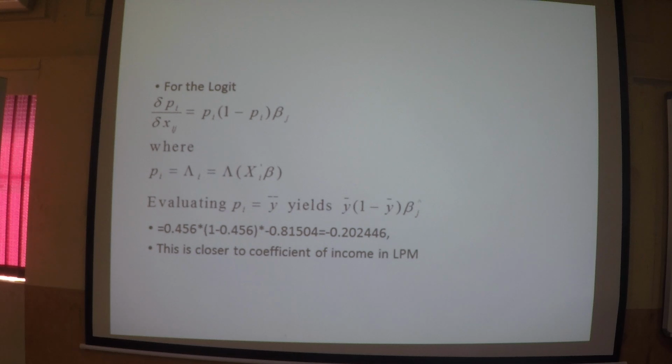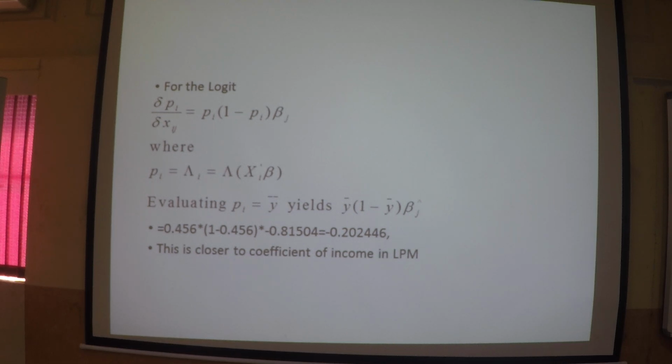So this will be e raised to xi beta upon 1 plus e raised to xi beta as defined, right? Now can you use the UV rule? What do you get if you differentiate with respect to xi? Well, if you do that, you will get pi into 1 minus pi into beta j, into some value of beta, which you can try as homework now, right?